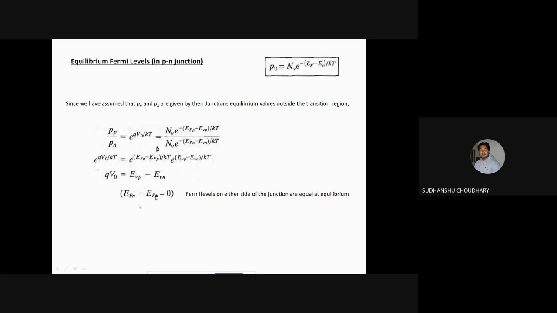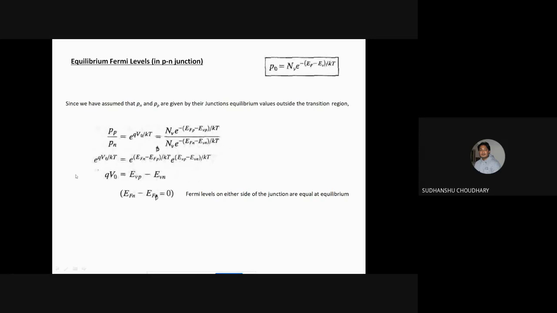I understand that EF is equal to EFP at equilibrium. Similarly, one can write for PN, the hole concentration in n-type semiconductor, which is Nv e to the power minus EFN, again I can write EF only because EF is equal to EFN and EFP, minus EVN, the valence band energy level in n-type semiconductor, divided by KT.